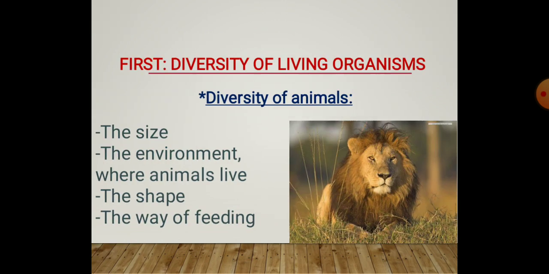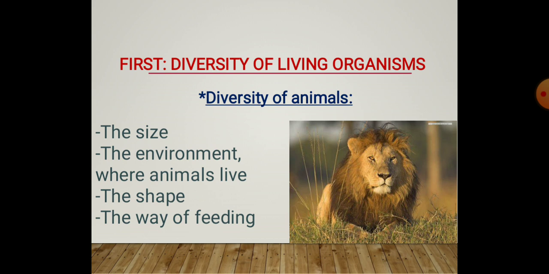Our session for today is about living organisms, diversity, and principles of their classification. So, do you know that, my friend, there are many examples of living organisms such as animals, plants, and microorganisms. And first, we are going to talk about the diversity of animals.